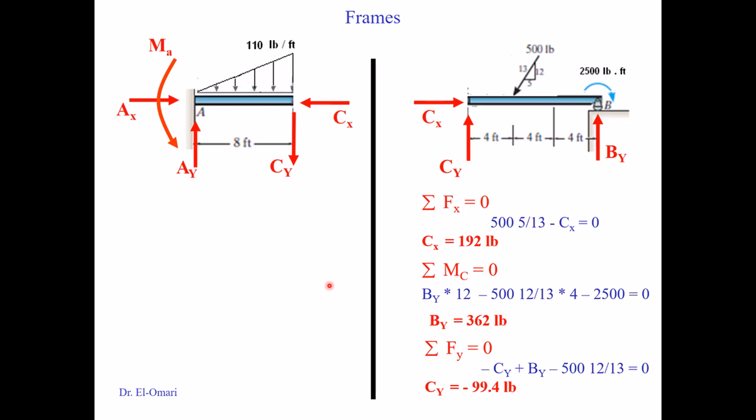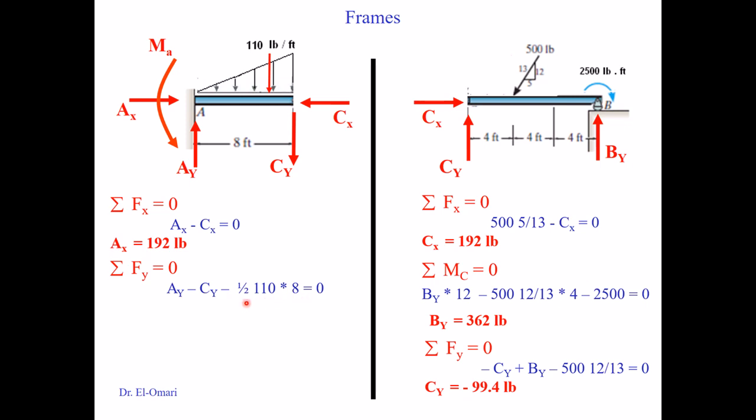So we start applying equations of equilibrium on this side. Forces in the x gets you that Cx equals Ax, and forces in the y direction, you have Ay positive, Cy now negative, and then the resultant of that triangular shape distributed load is the area of that triangle, where the height is 110 and the base is 8, so it's half times height times base.